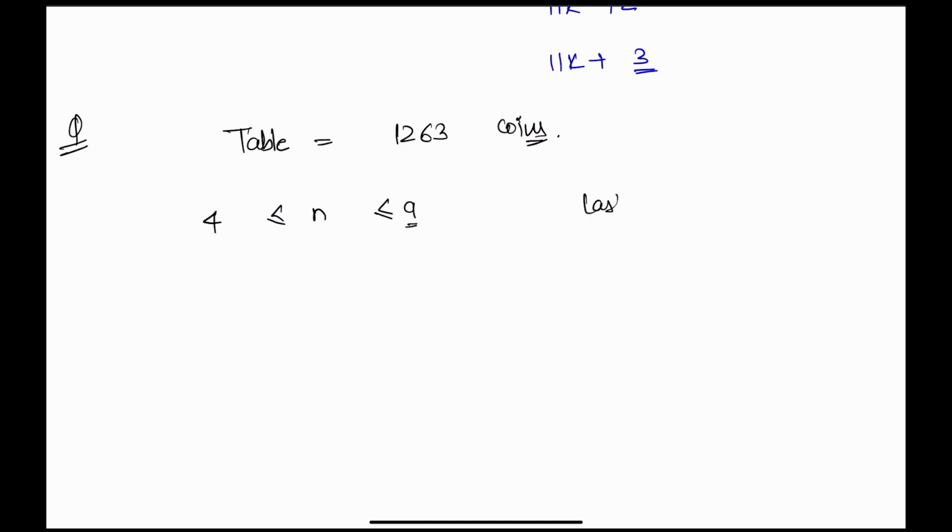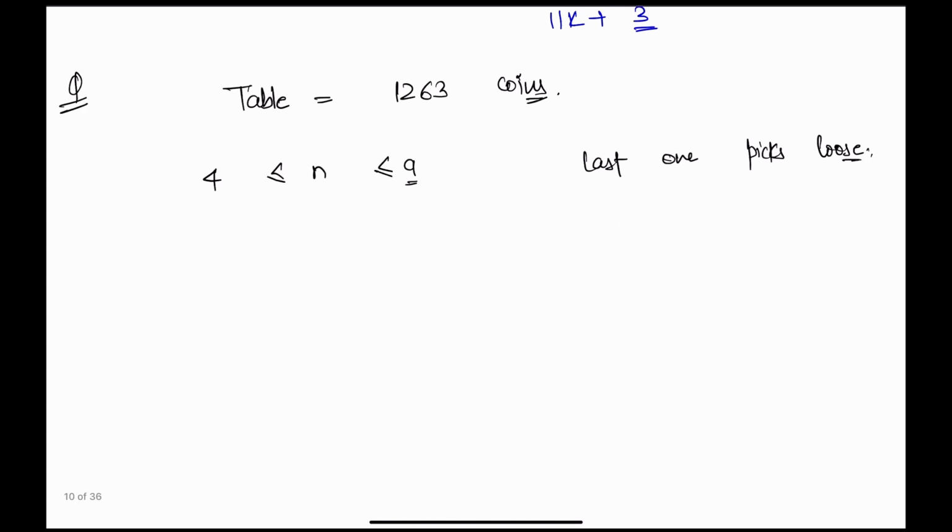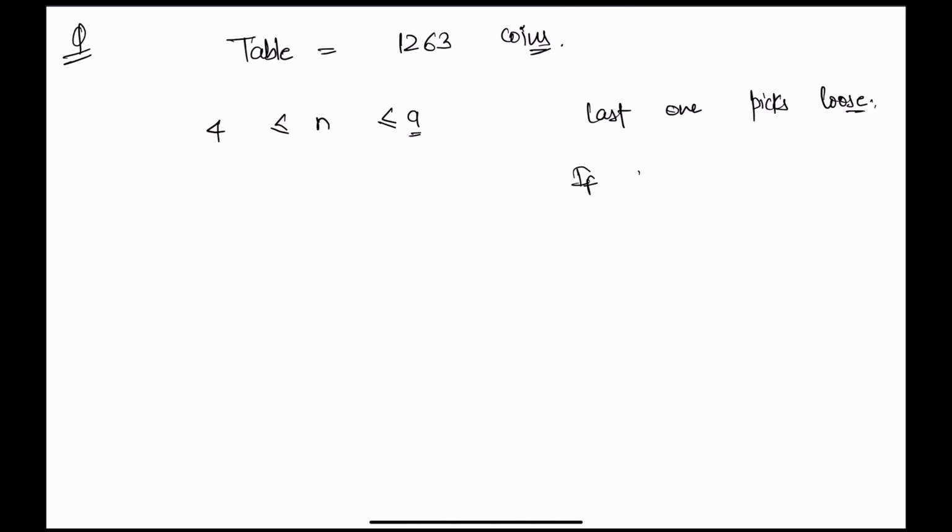The last one to pick will lose. And again the same condition: if at last fewer than 4 coins are left, then he has to pick. Okay, this is the condition.